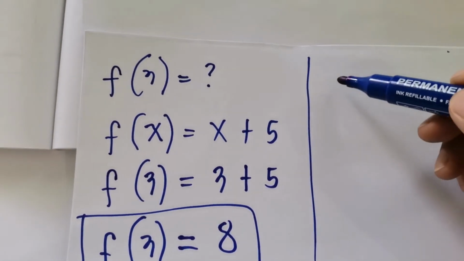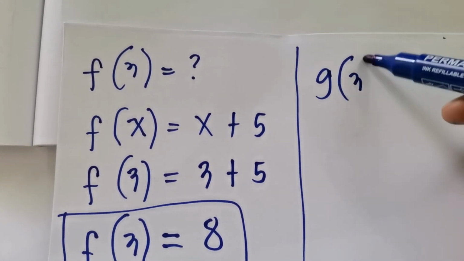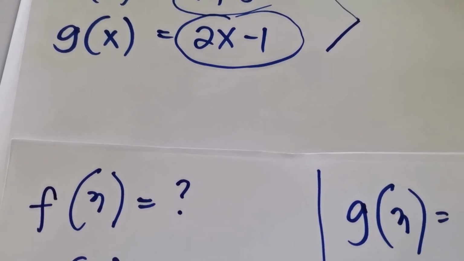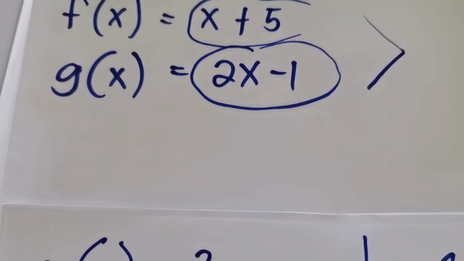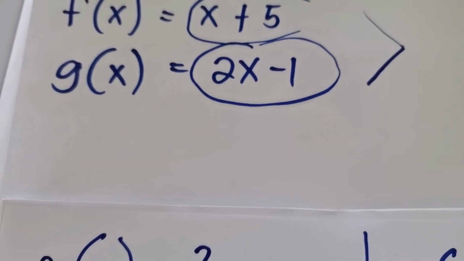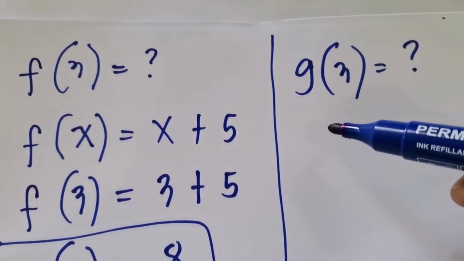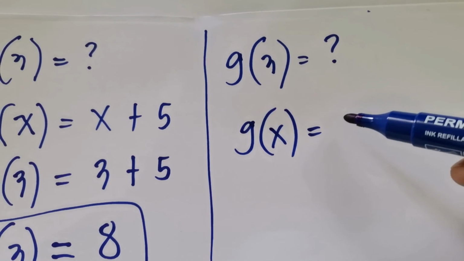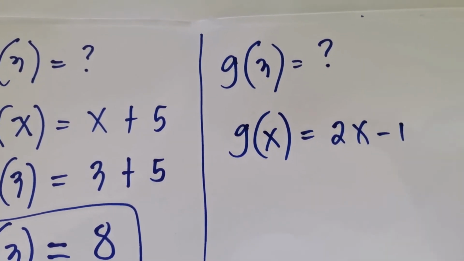How about g of 3? The given function is g of x, which is equal to 2x minus 1.